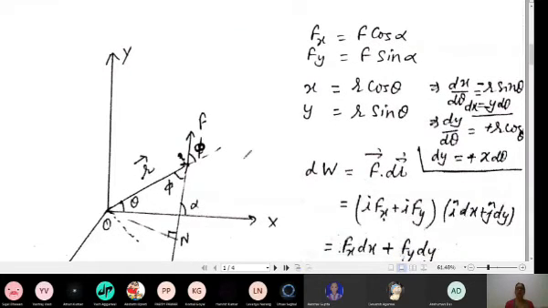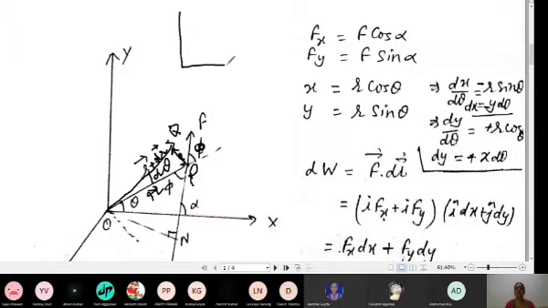If you want to make the diagram more clear, then I'm taking this as the point P, where I'm applying the force F, and by applying the force I'm moving this point P to Q, which is clear from the second diagram.